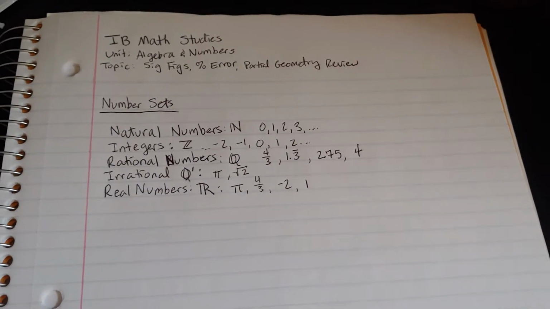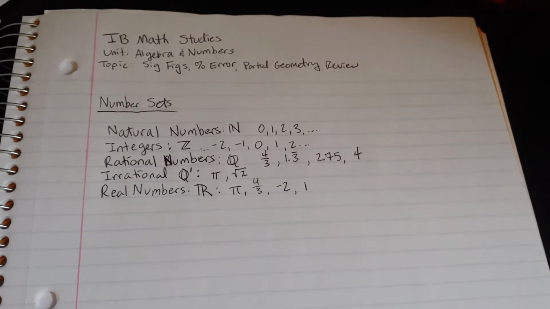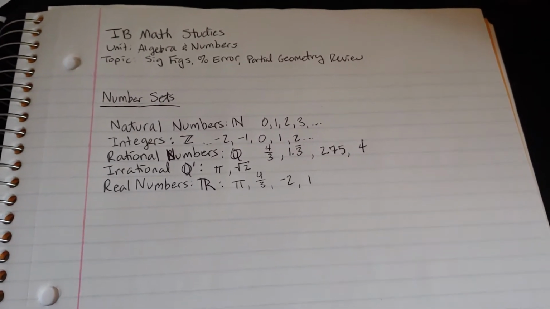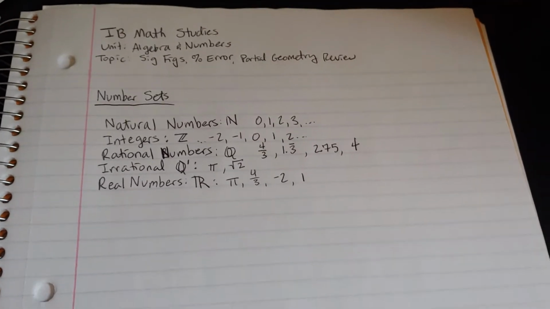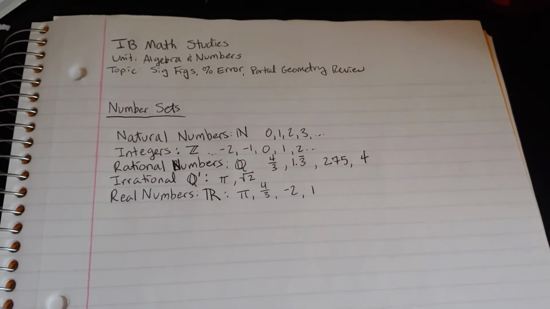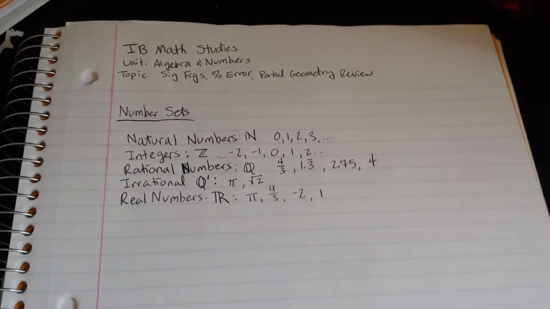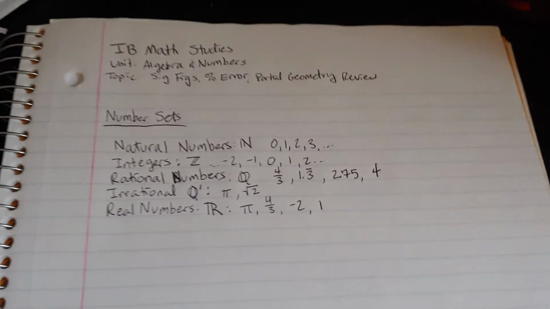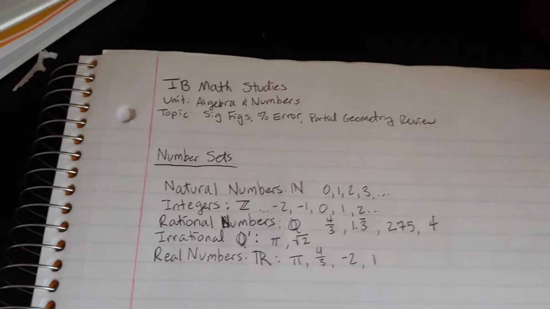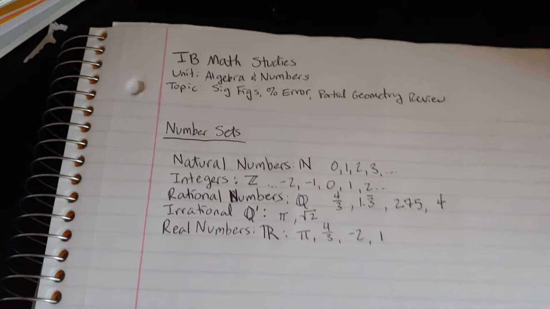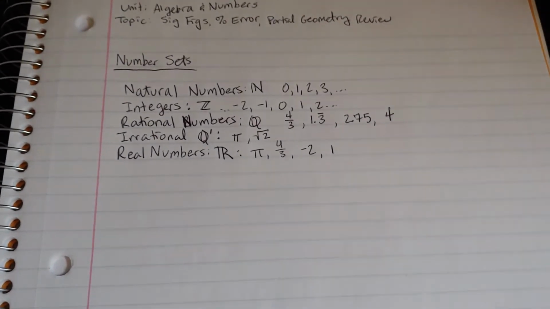So, as we look through these, sometimes we have exact values, and sometimes we have approximate values. When you have exact values, that's good, but when you don't, then you can end up with something called error.